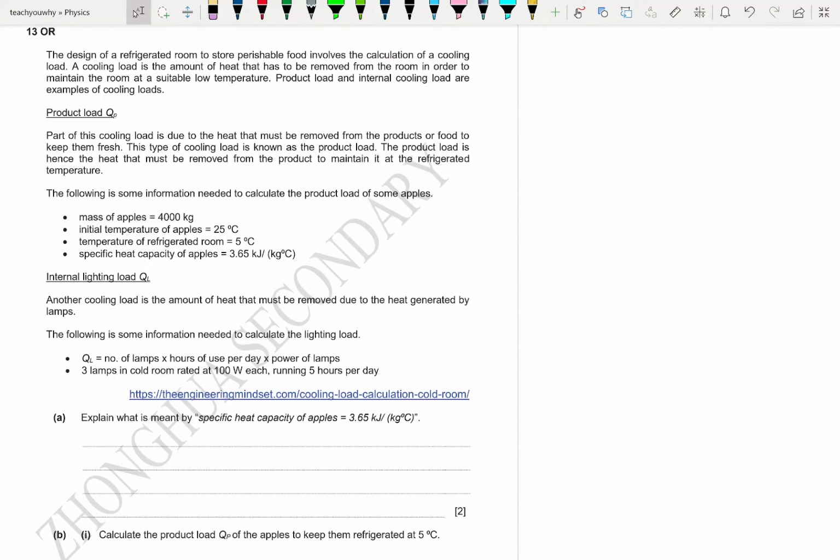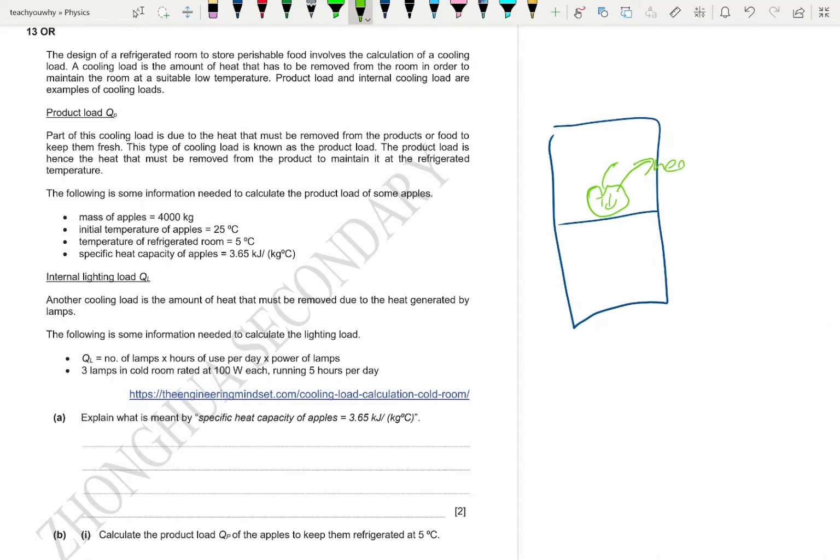Wow, okay. The following is some of the information needed to calculate. Basically, what they are trying to say is that you have a fridge and then you put, I don't know, your apple. In order for the apple to cool down in temperature, you need to take heat out of the apple. So this is what they call the product load.